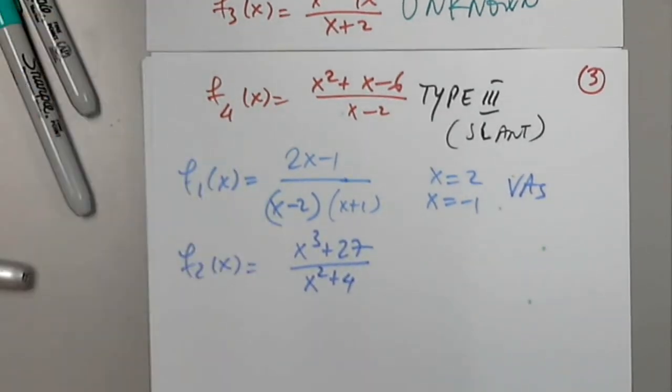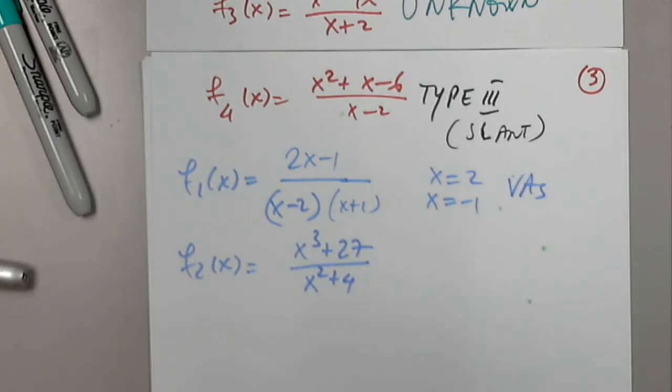Does this function have a vertical asymptote? Yes, that's a slant. True, but the question is about vertical right now. Does it have vertical? When does a rational function have vertical asymptotes again?